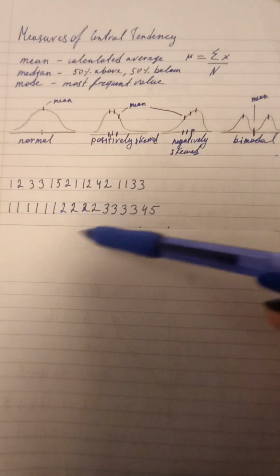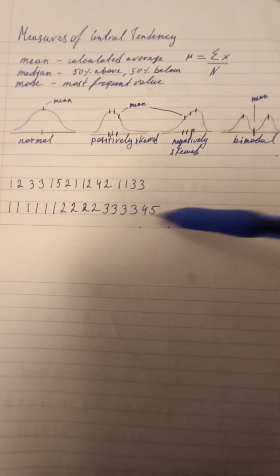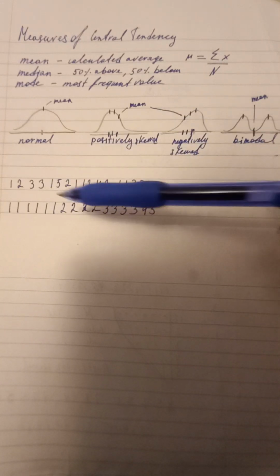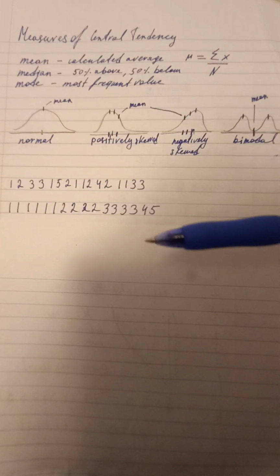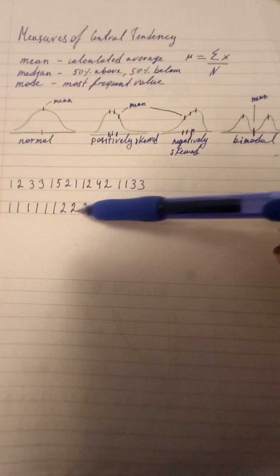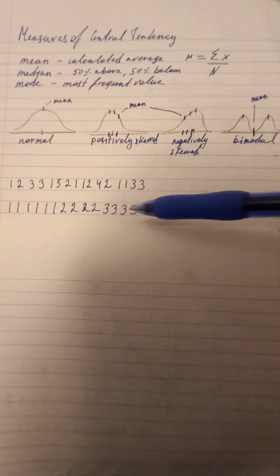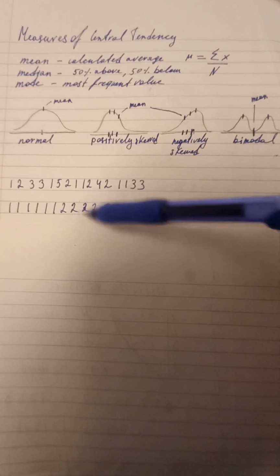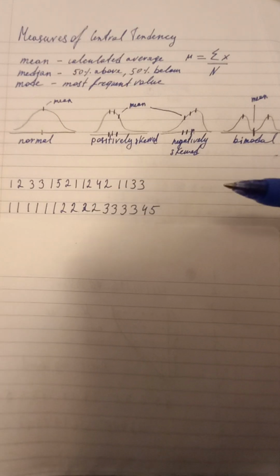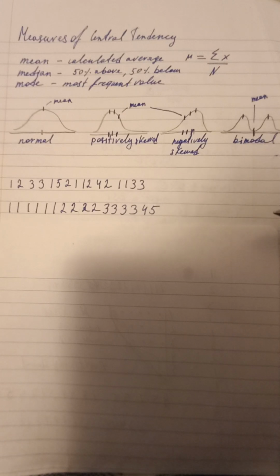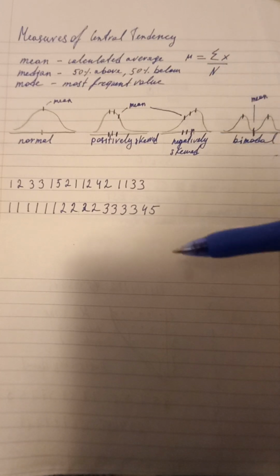First to put all ones, then twos, then threes, etc. And here we can just visually see the mode, which is 1. And we can more or less see without any additional calculations where the median is, which is right in the middle. It is 2.